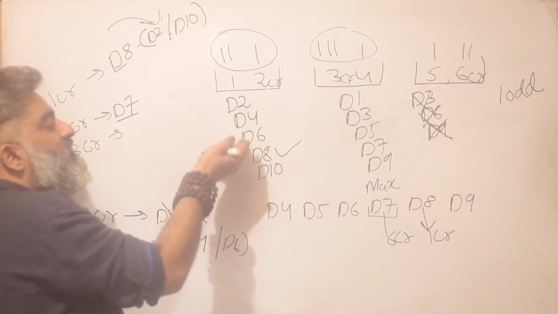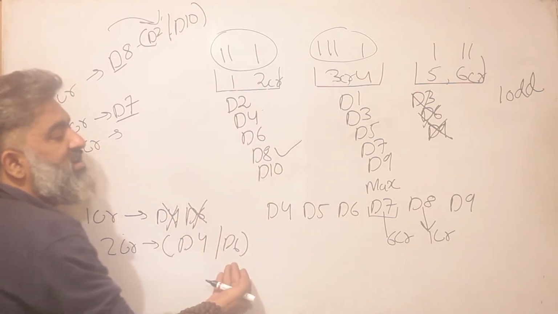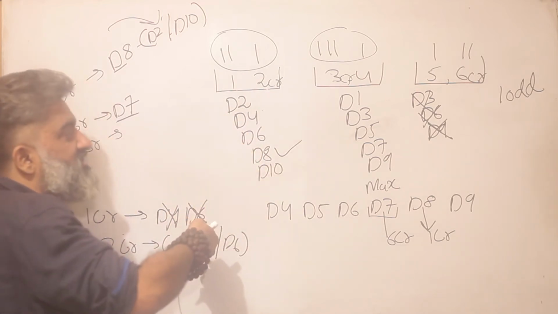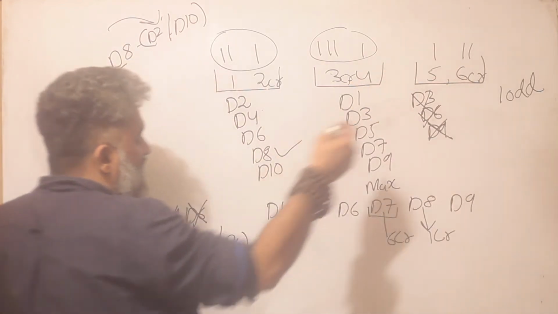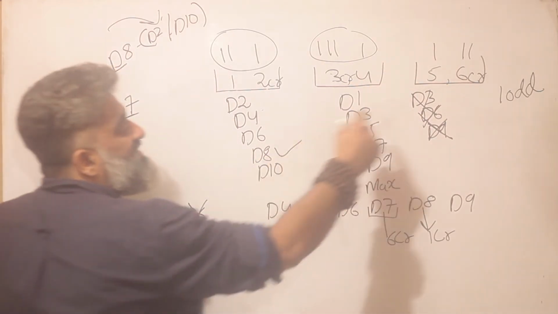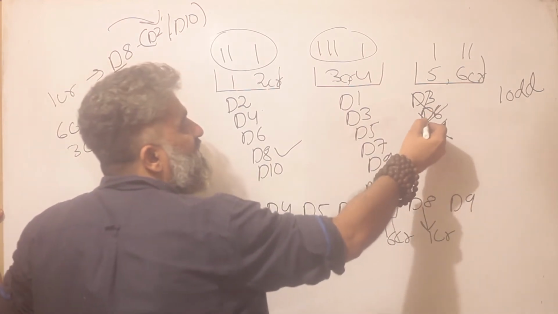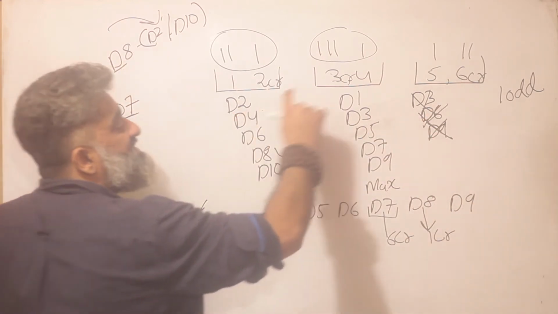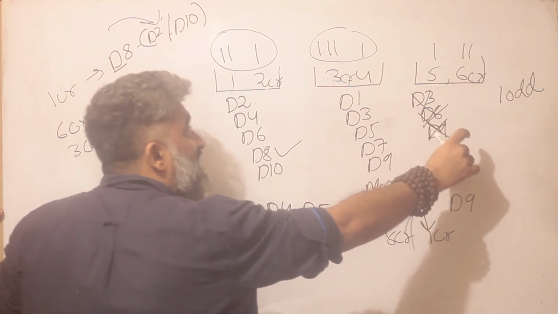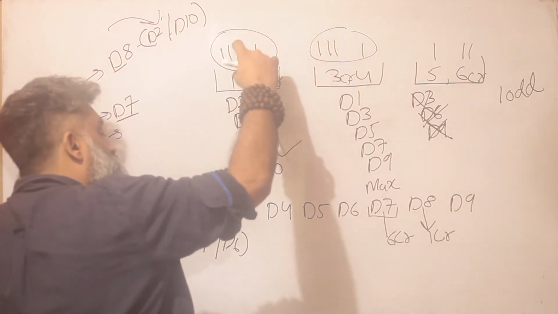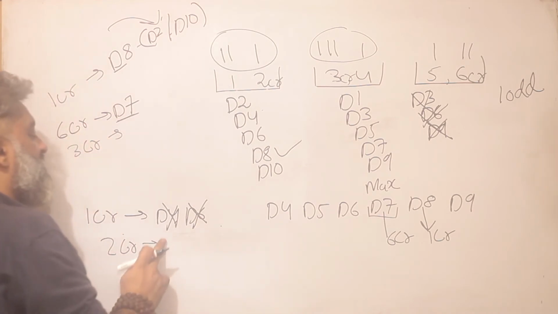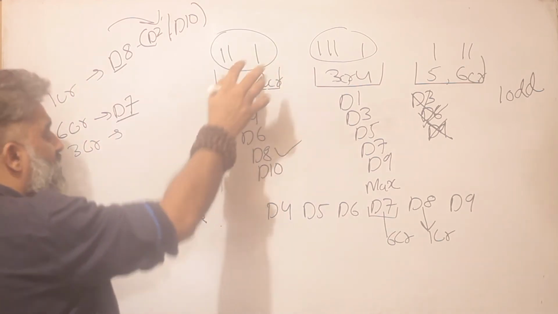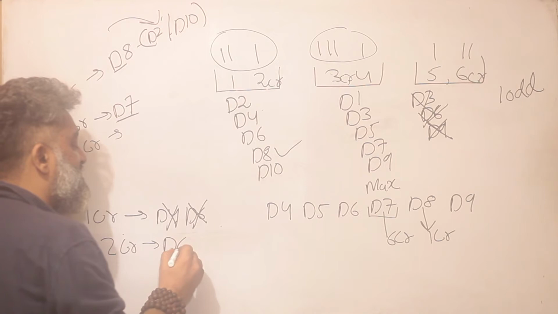Similarly, between D4 and D6, whoever is not in this 2 crore bracket will have to go into the expensive category. However, now if I notice in this expensive category, I cannot have D6. That means D6 cannot go here. That means D6 will have to definitely be here. That means I can say for sure that the 2 crore category, the single DOM here has to be D6.